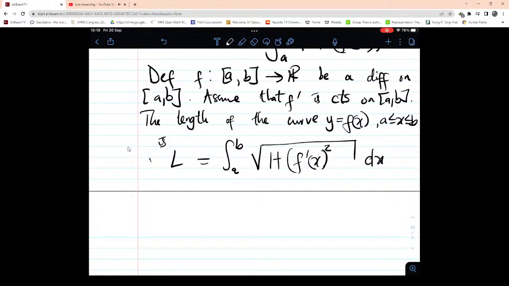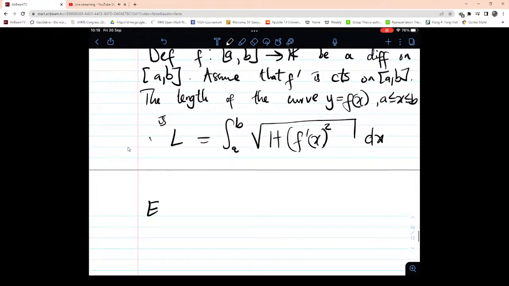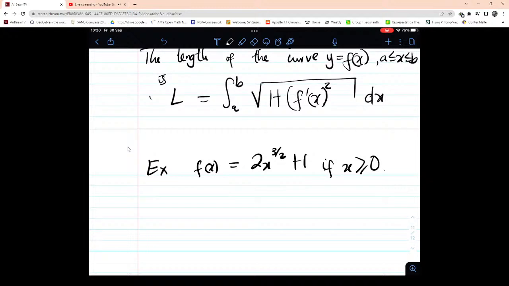Let's just look at an exercise. We've got f of x equal to 2x to the 3 over 2 plus 1, and we are told x is greater than 0.